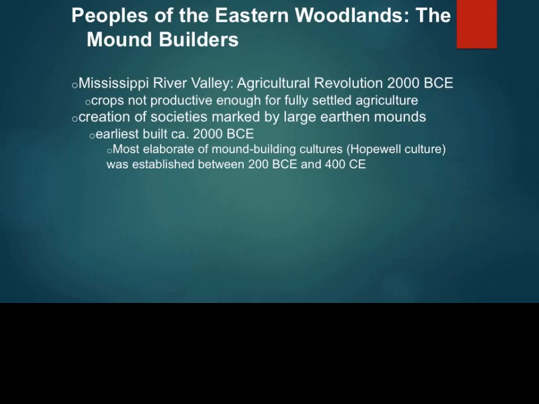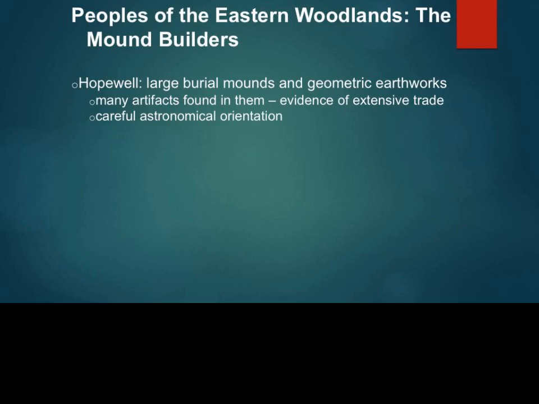Now, the most elaborate was established between 200 BCE and 400 CE. The Hopewell built these large burial mounds and used geometric earthworks in order to do so. And many artifacts have been found within these burial mounds, which is evidence of extensive trade as well as careful astronomical orientation.